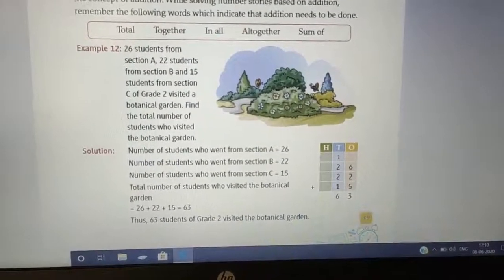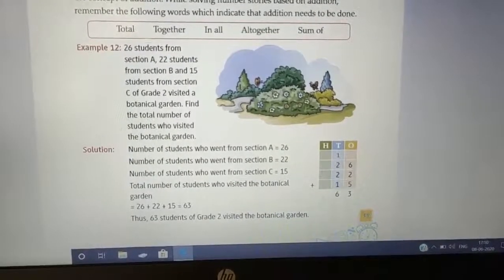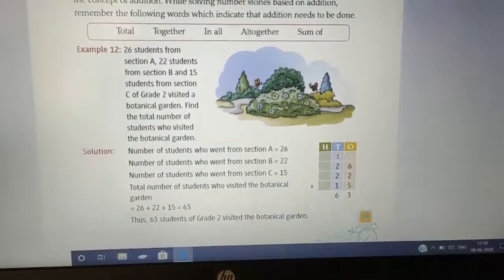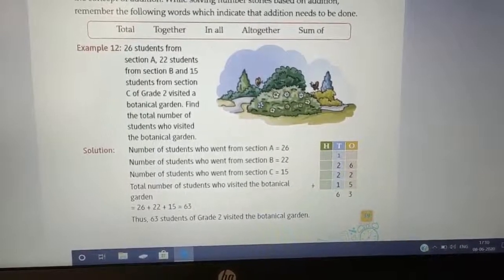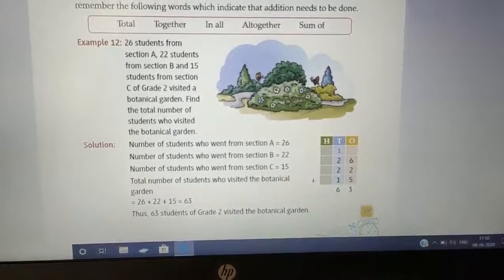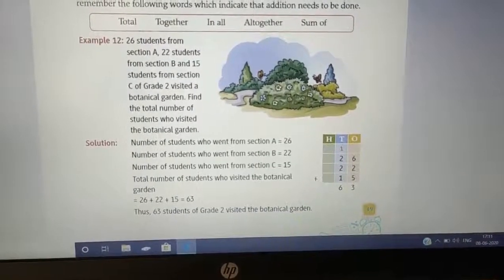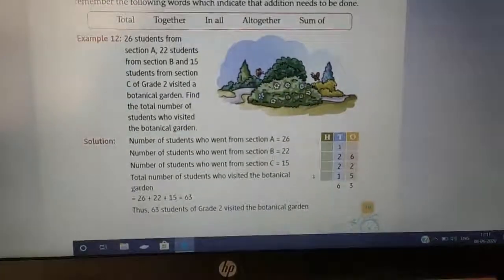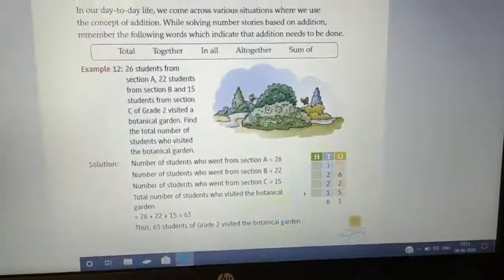So here you can see, as we write the statement in the solution, the number of students who went from section A is 26. The statement we write from the question only, and we underline it. Number of students who went from section B is 22. Number of students who went from section C is 15.